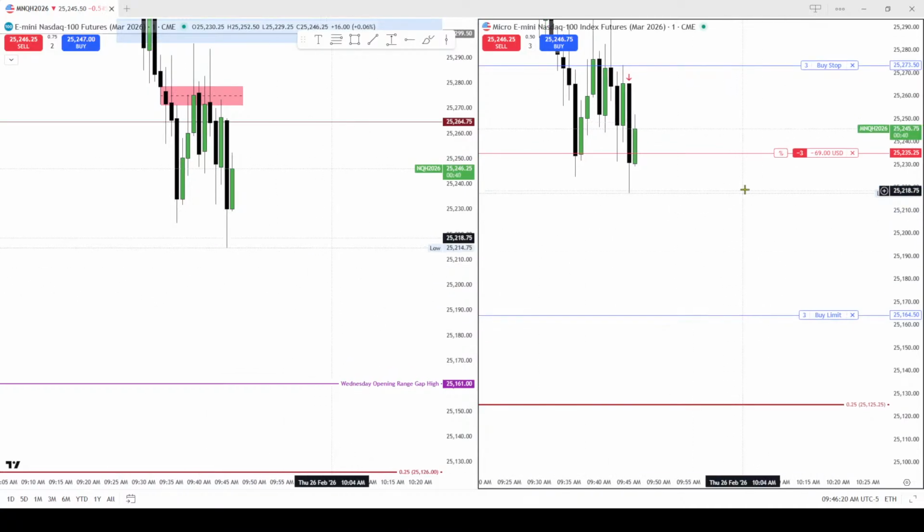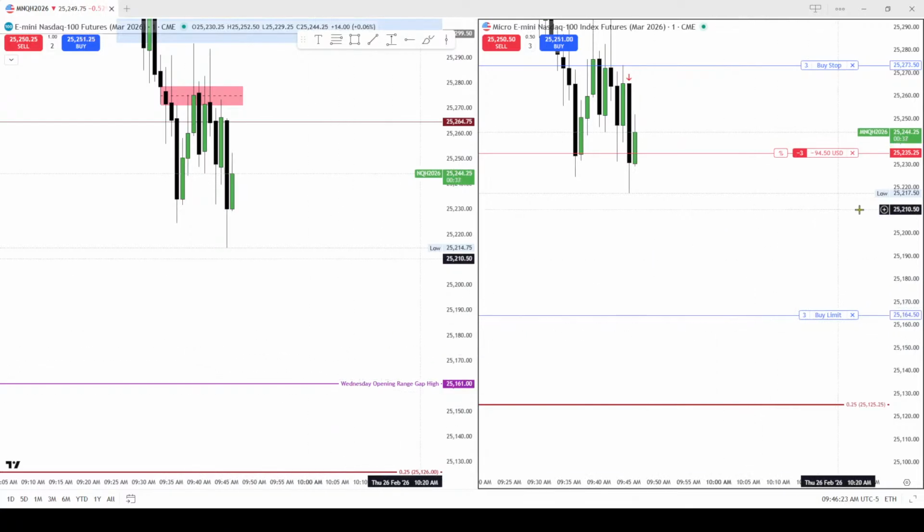So let's see if price can roll to the downside to attack yesterday's opening range gap.